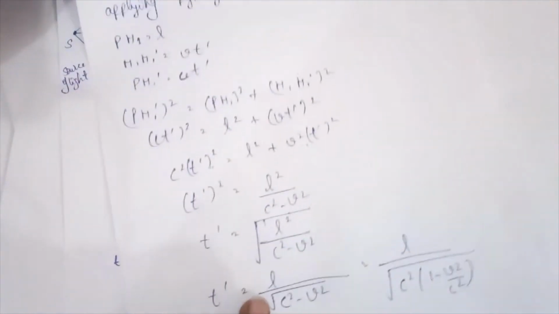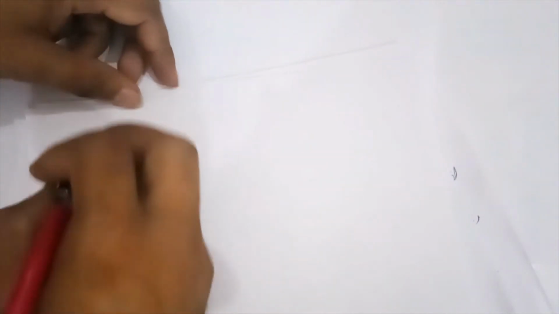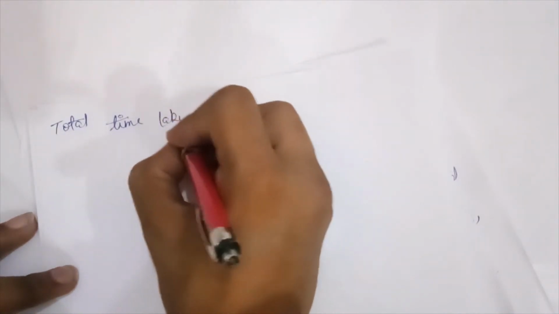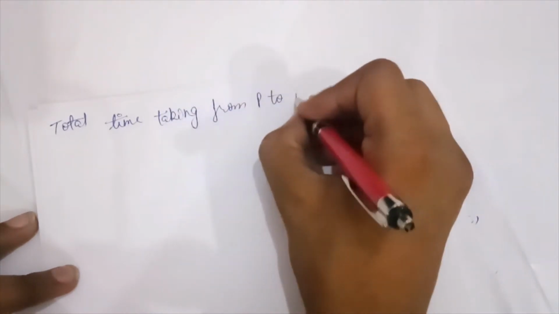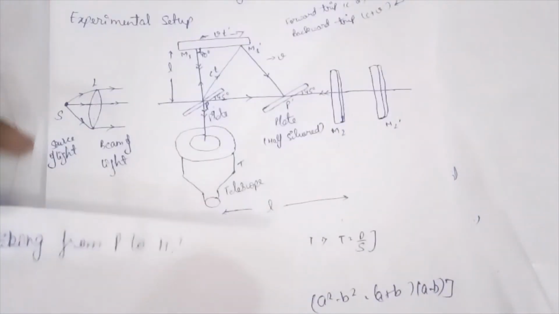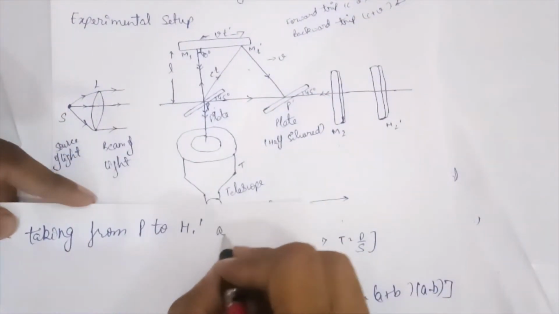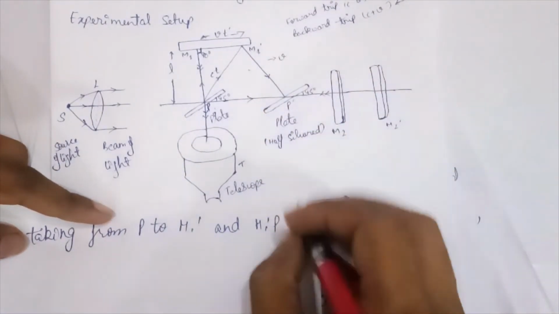Okay, now we have to find the total time, taking from point P to M1 dash and from M1 dash to P dash.